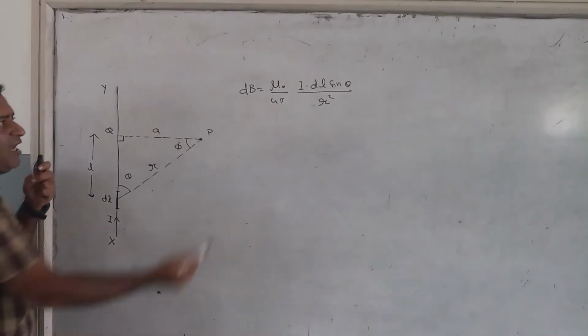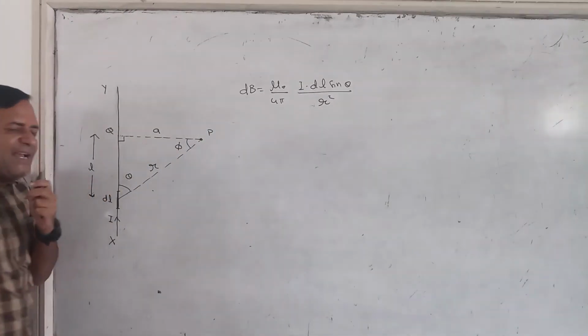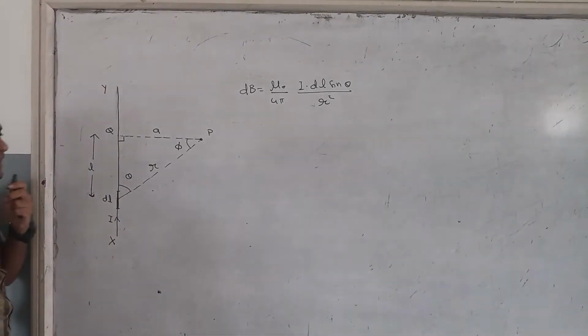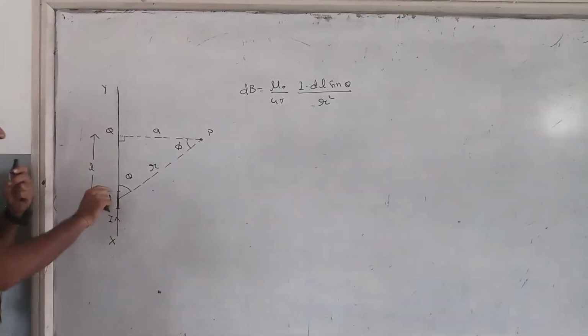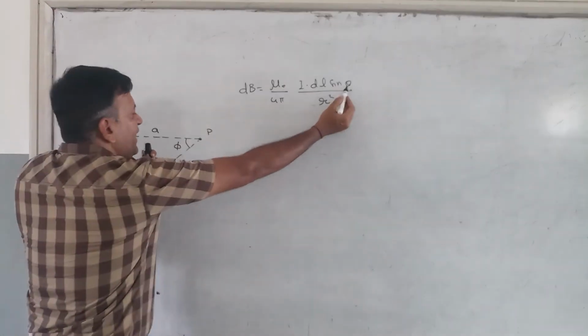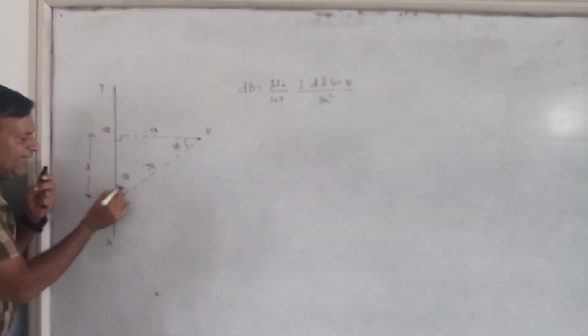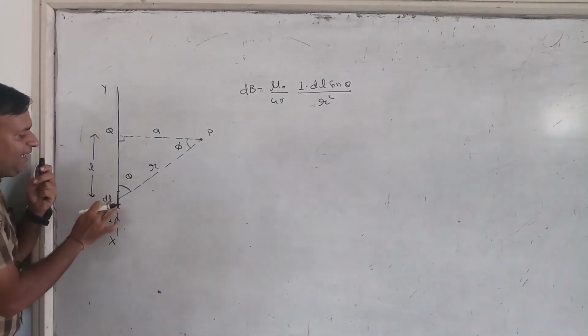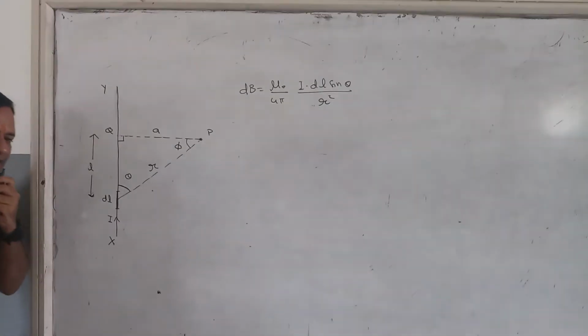You know this already. Mu0 is the permeability, 4 pi is the factor due to the three-dimensional nature. I is the current flowing in the conductor. dl is the length of the current element. Theta is here, and r is the distance between this current element and this point P.